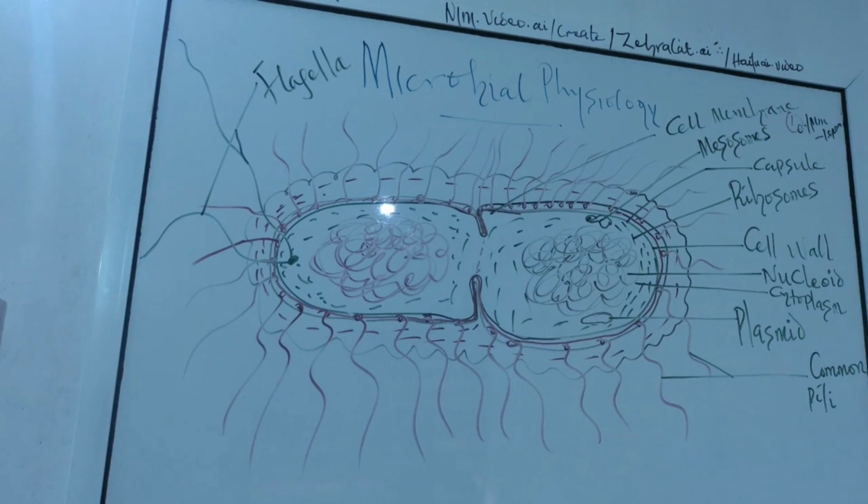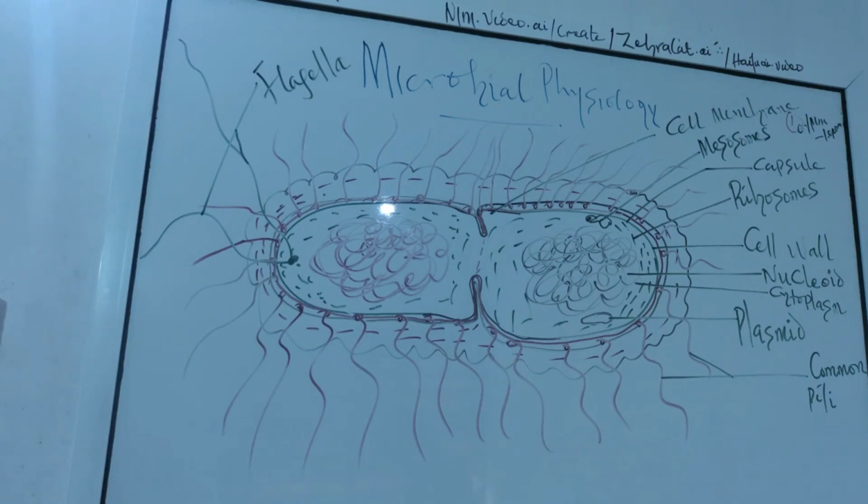The first one is archaea, which is the most primitive. After that is bacteria, that is prokarya. After that, eukarya, the most developed, that is eukaryotic.